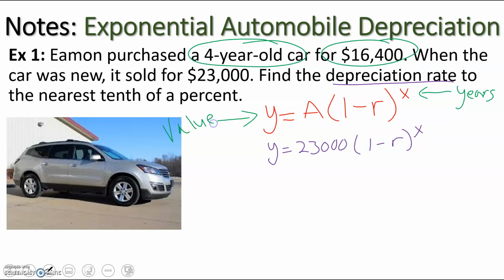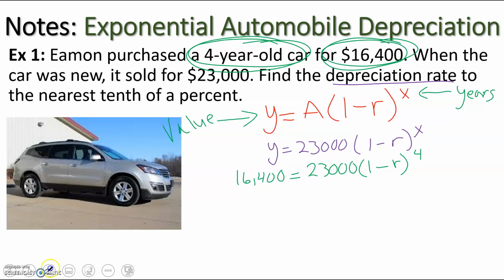So we're going to take this 4-year-old car, $16,400, and plug those values into the equation to determine what r must be. So we have 16,400 is equal to 23,000 times 1 minus r to the power of 4.